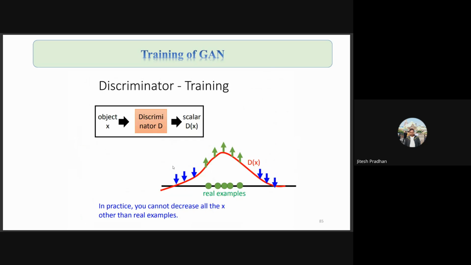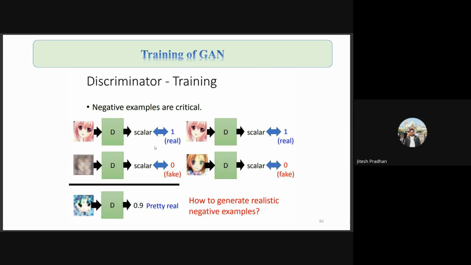Now how do we do it? Look here, these are the real examples and these are the fake examples. For fake examples the output will be 0, and for real examples the probability will be high. So it will try to generate the fake image and learn the fake image also.